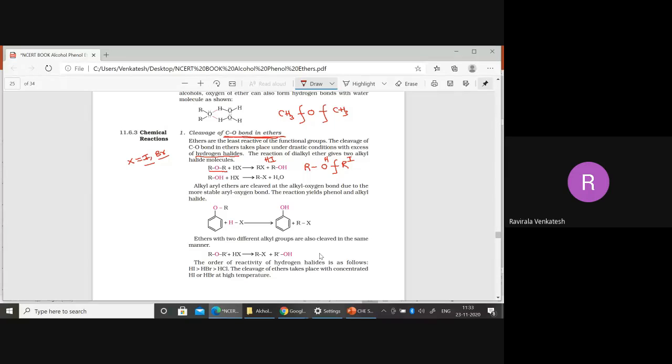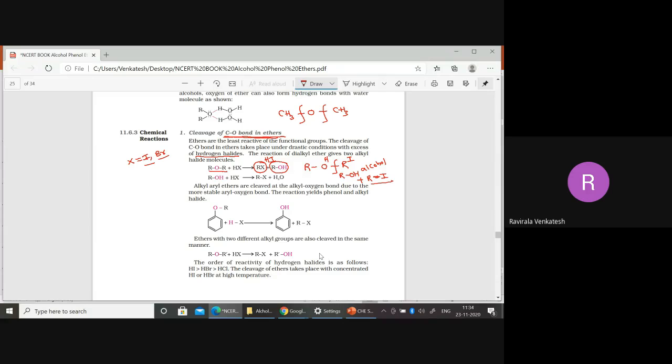So here we get ROH plus RI. You are getting alcohols and alkyl halides.